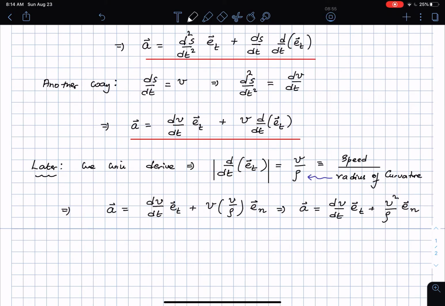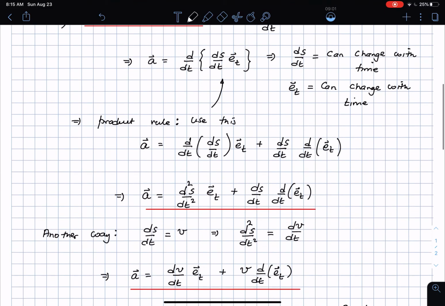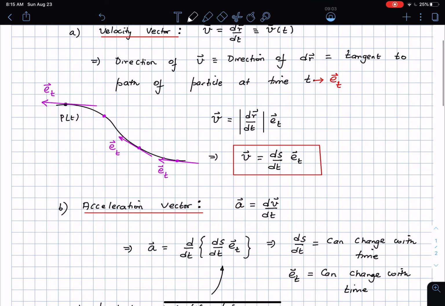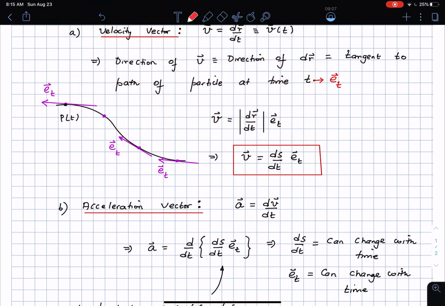All right, and when you look at it, what is the direction of the normal vector? Very quickly, the normal vector is always going to be pointing towards the concave side of the trajectory, and it's going to be perpendicular to the unit tangential vector. These are all local vectors, which means that they're all going to be changing with time.